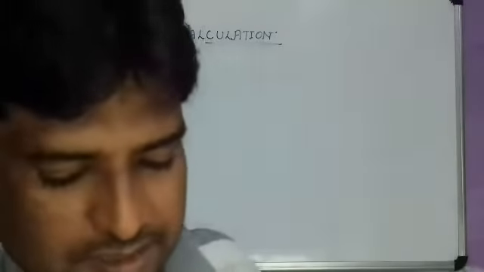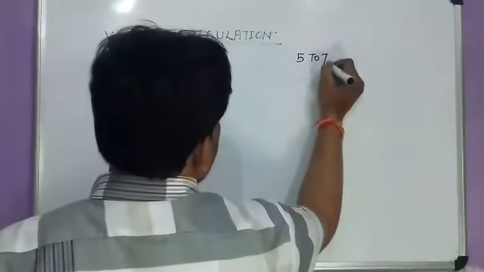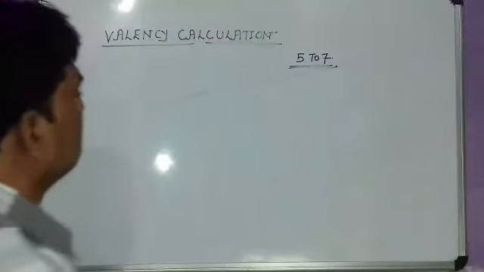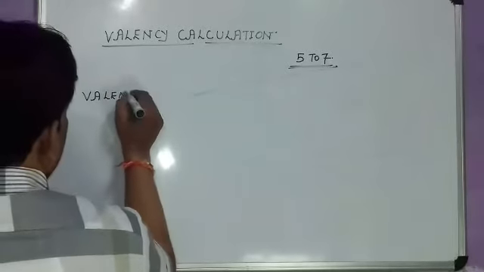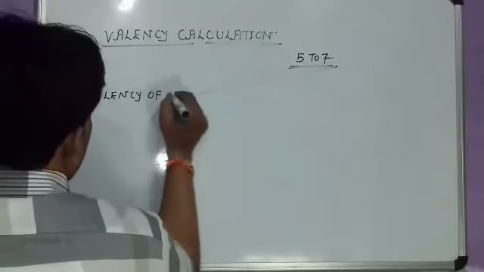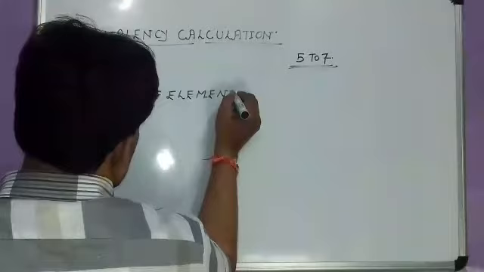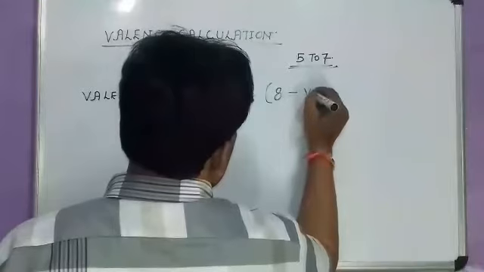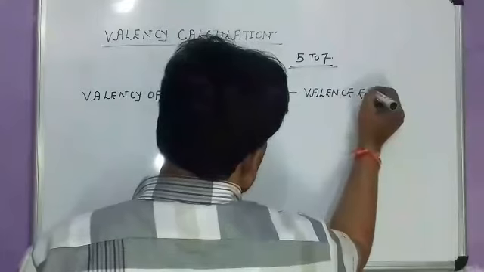Valency calculations for elements having valence electrons from 5 to 7. Clear, student? The formula is: valency equals 8 minus valence electrons.